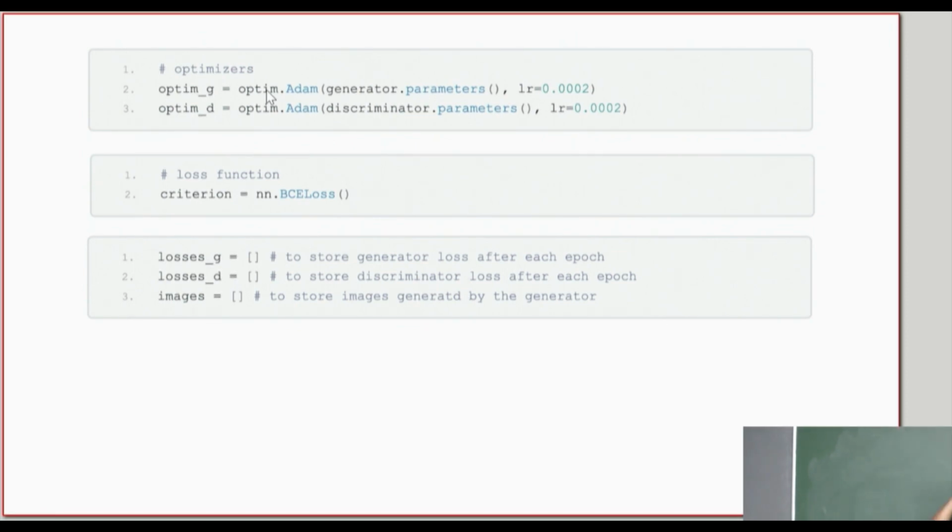So now we can use that, and the loss function we are using is the BCE loss, binary cross entropy, for the discriminator, because it's like a classifier. It is telling me whether something is real or fake, right? So it's a binary thing. We can define some arrays that capture these loss values for the generator and the discriminator, and also the images that the generator is producing.